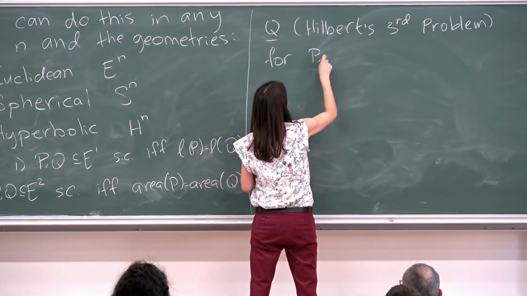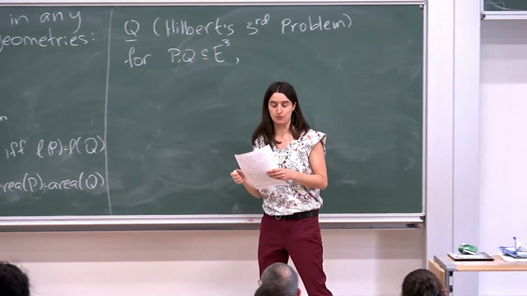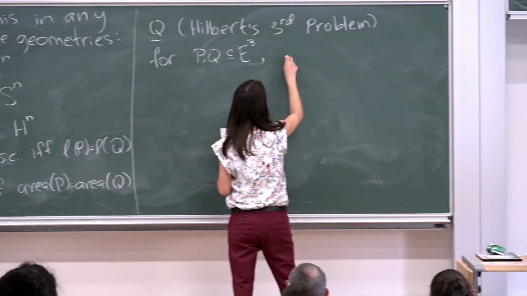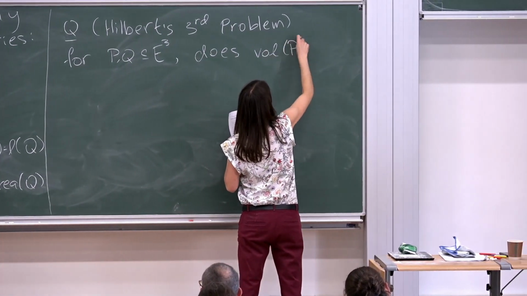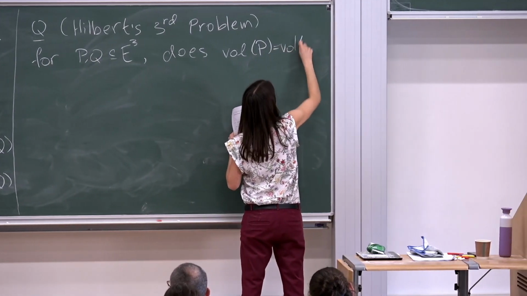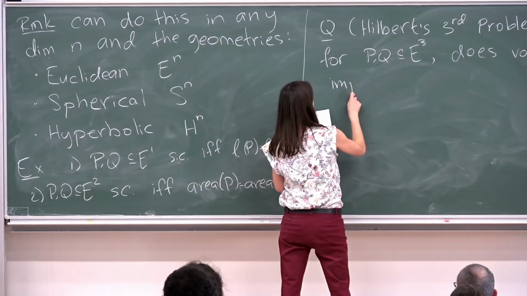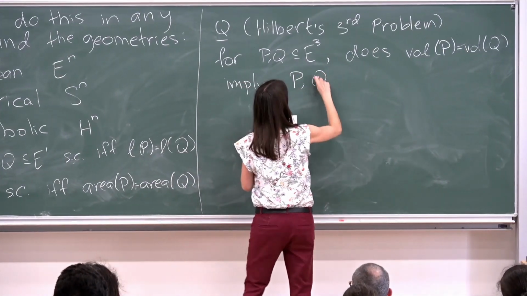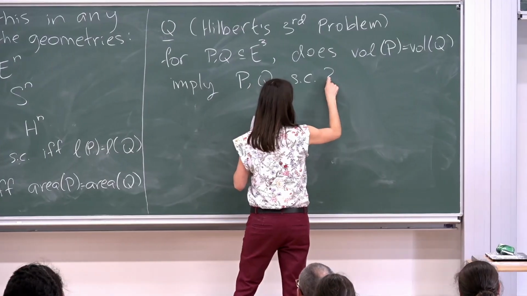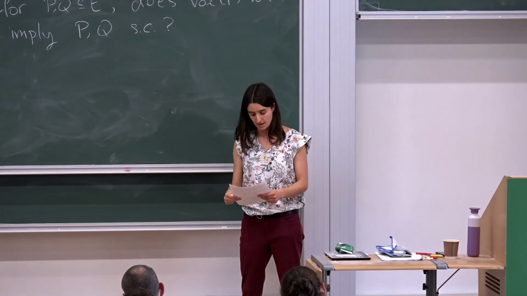For polytopes P and Q in three-dimensional Euclidean space, does their volumes being equal imply that they're scissors congruent?